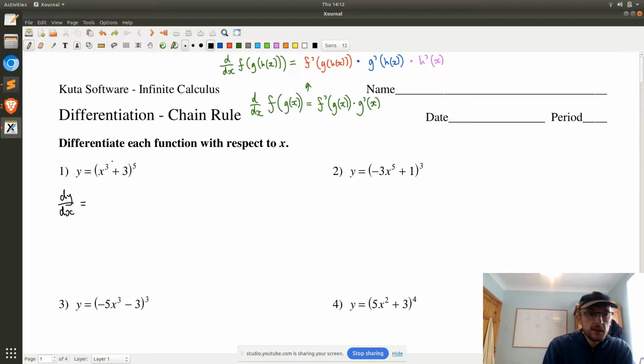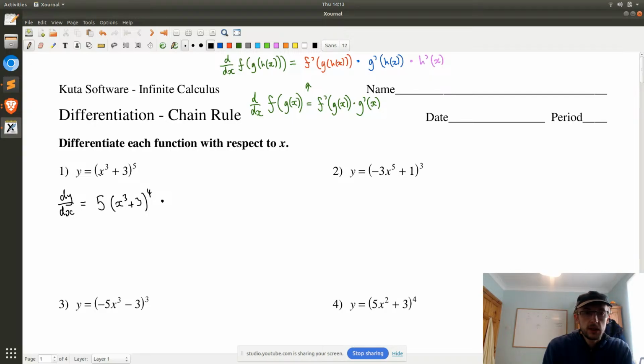So in this case, 5 times this thing right here, all to the power of 4, and then multiplication symbol, and then differentiate the inside function.